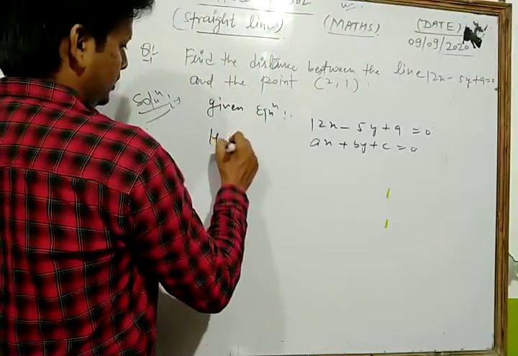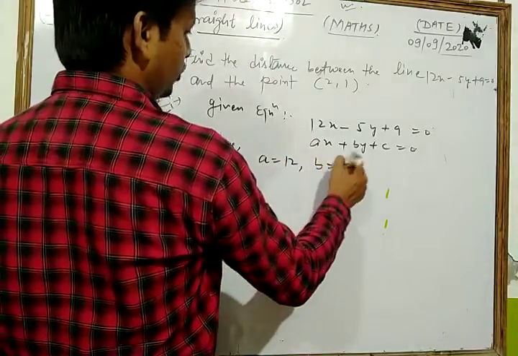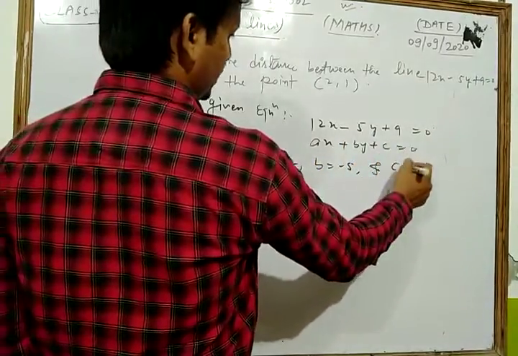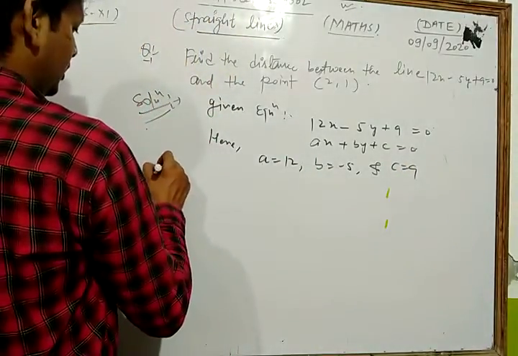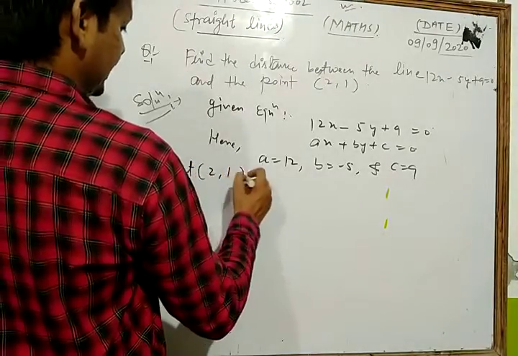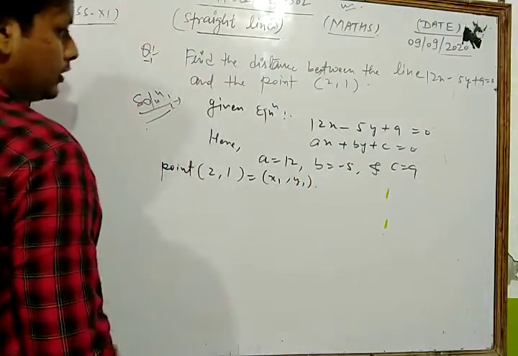Here the value of a is 12, the value of b, the coefficient of y, is minus 5, and the constant term c is 9. And the point is (2, 1), that is the values of x1 and y1.